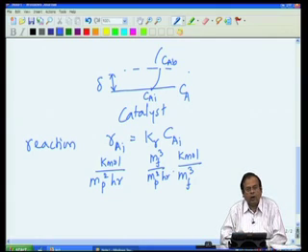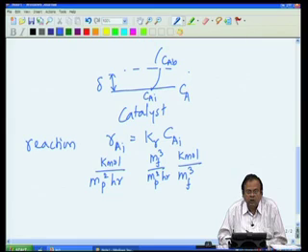per hour. Why I am pointing out this is we should always keep track of the proper dimensions, because any equation that you write, the dimensions of both left hand side and the right hand side must be equal.